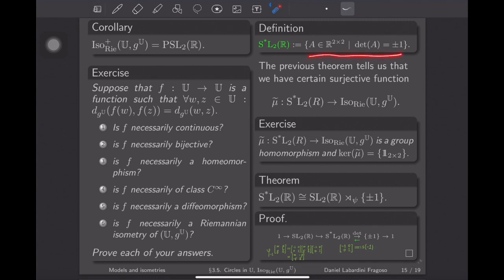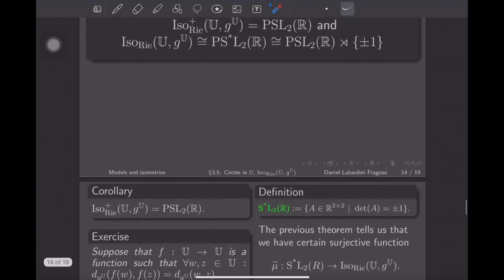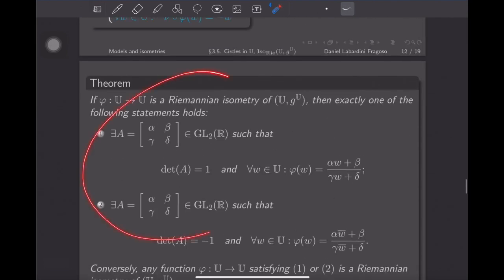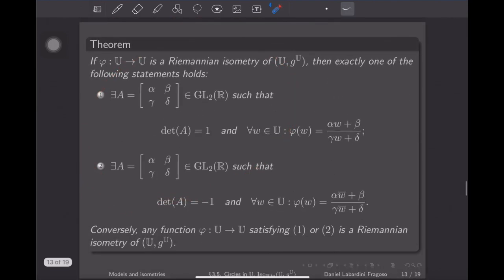This is still a group, right? I mean, it is still a subgroup of GL2R.